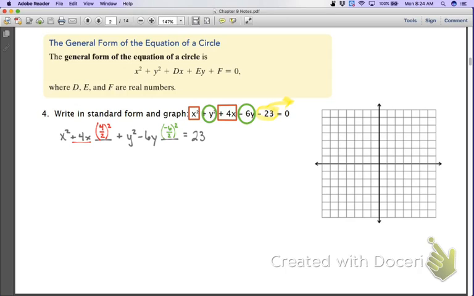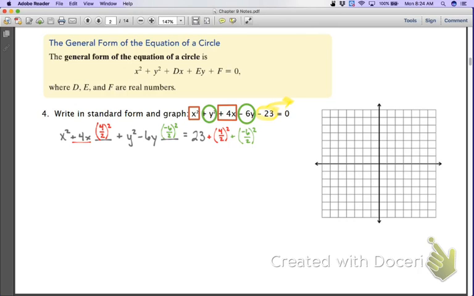That same value is going to be on the left side and the right side. So I have the same number over on the left and the right.